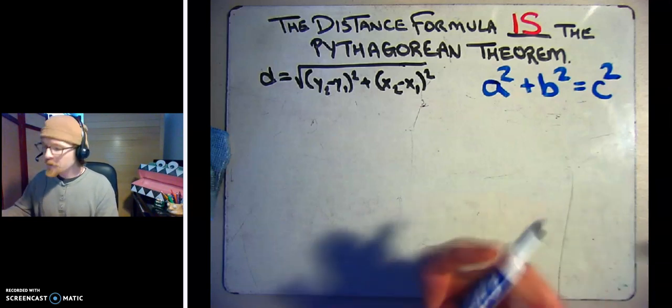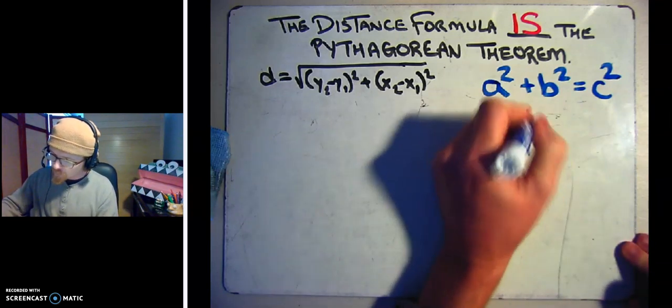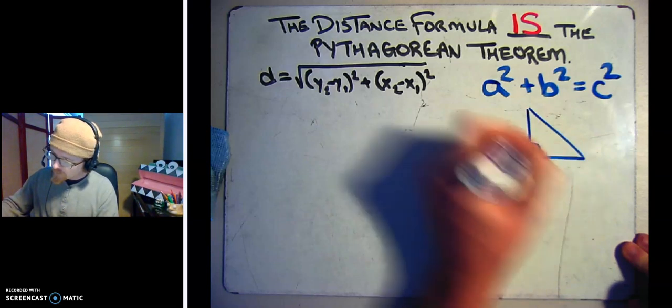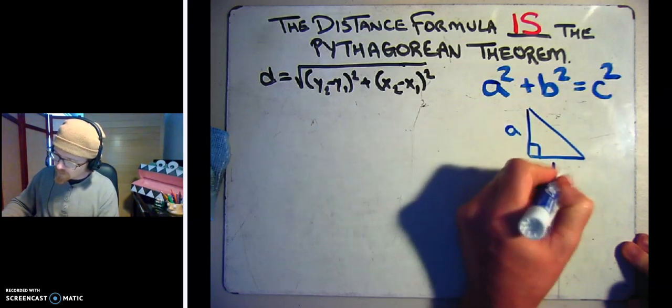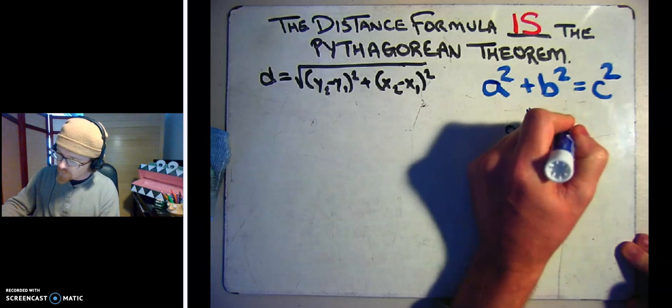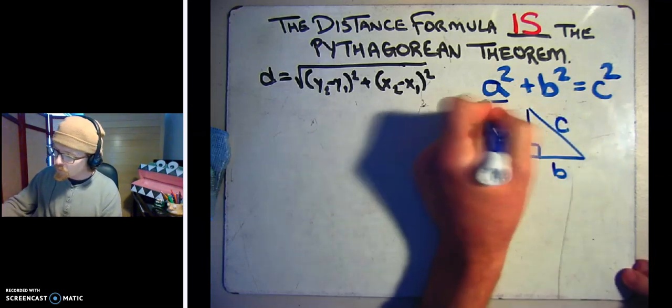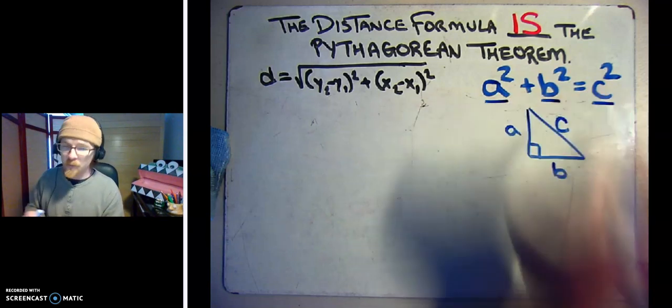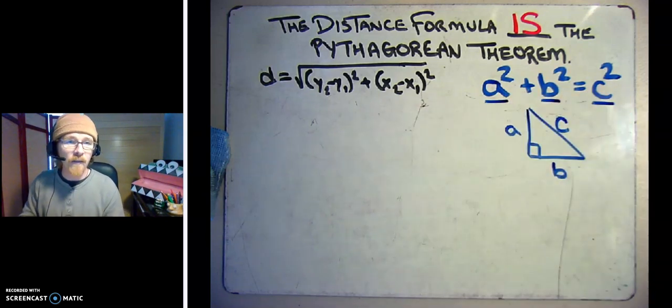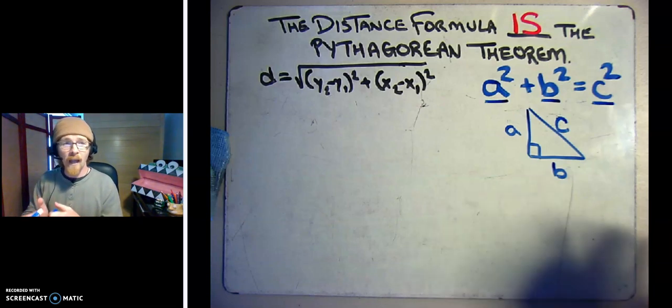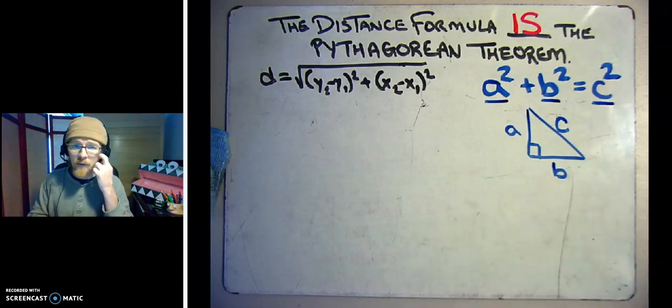But really the Pythagorean theorem is referring to a right triangle. If one side has a length of a, one side has a length of b, and we call this the hypotenuse, and it has a length of c, then the squares of the legs added together are equal to the square of the hypotenuse.